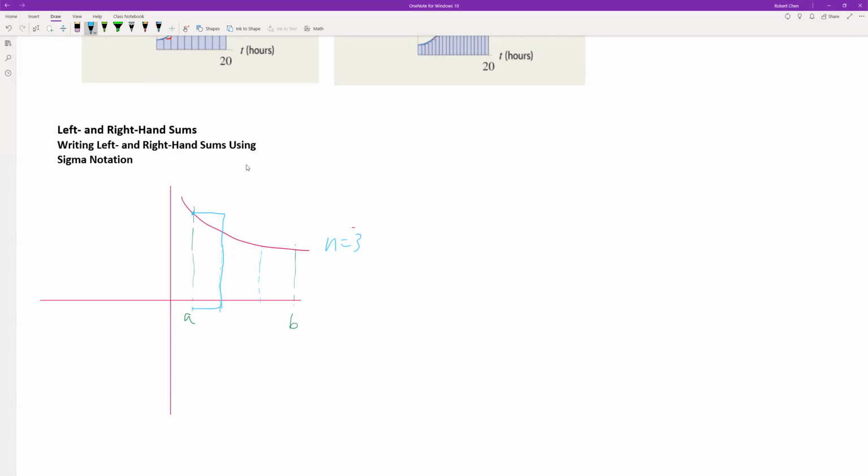And in the second interval, I'm going to use this point, form another rectangle. And the last one, I'm going to use this point as my function value. So I have 3 rectangles now, and I'm going to use these 3 rectangles to estimate the area under the curve. Notice that I always pick the point on the left of each interval. So this is called the left-hand sum.